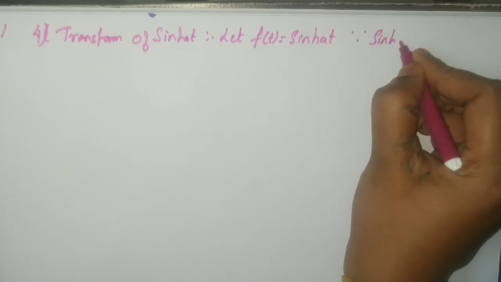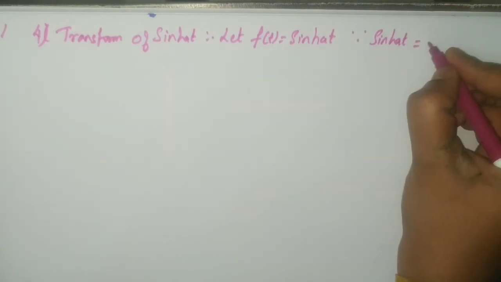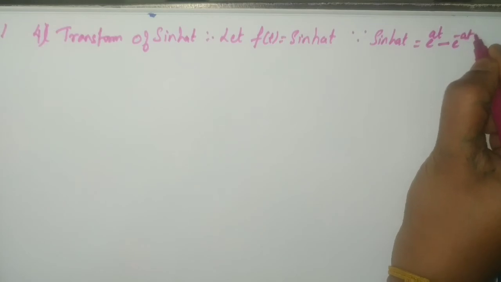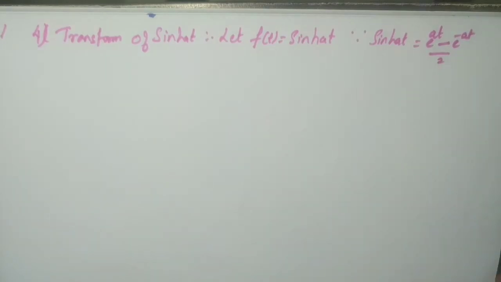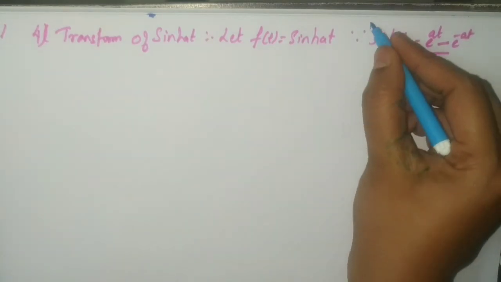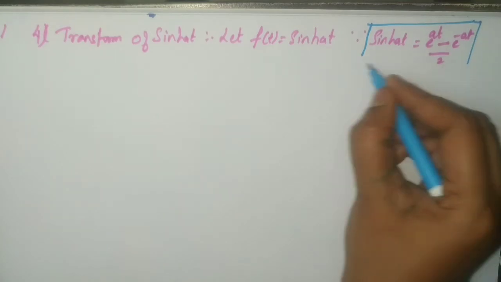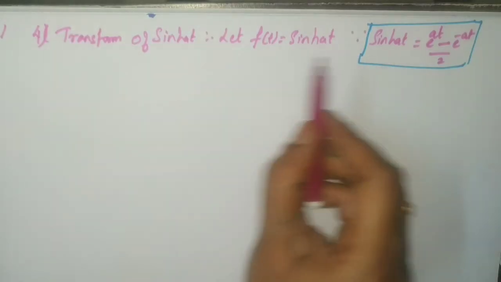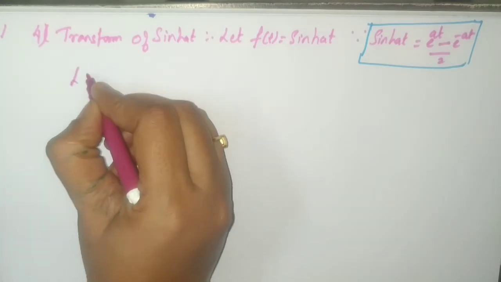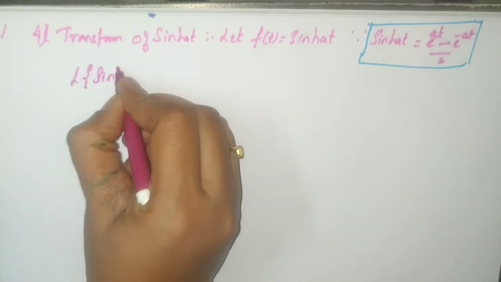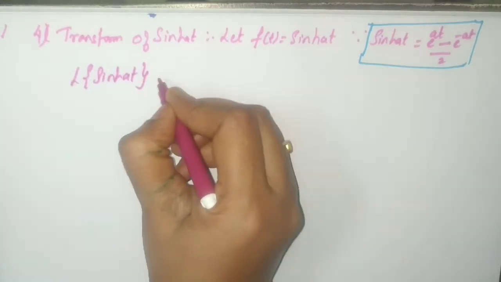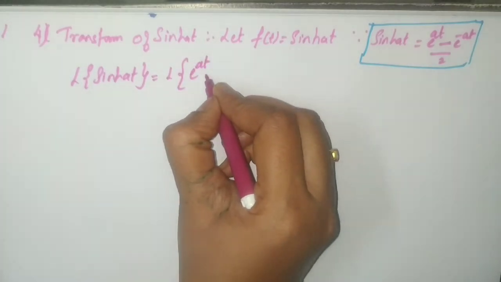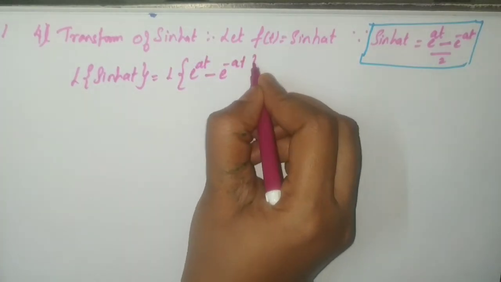So sin hyperbolic at is written as e power at minus e power minus at by 2. Converting this sine function into exponential, we can write Laplace of sin hyperbolic at is equal to Laplace of e power at minus e power minus at by 2.